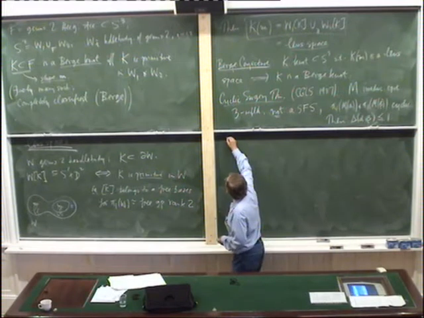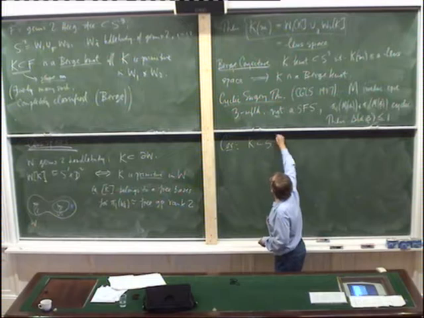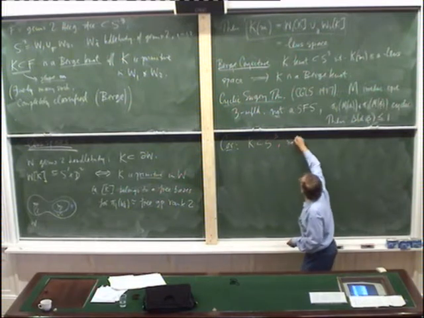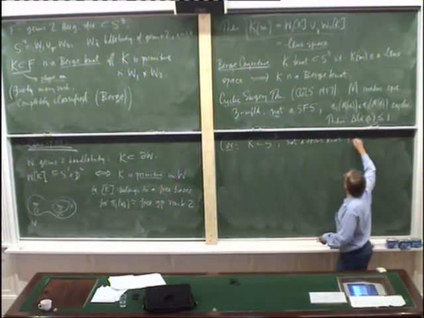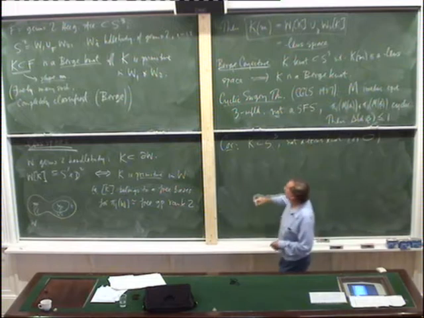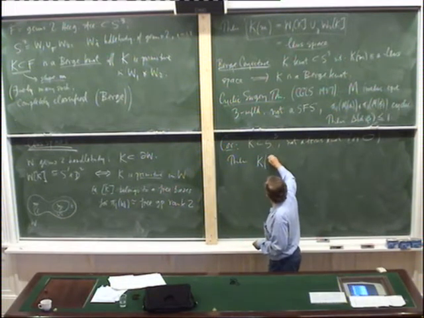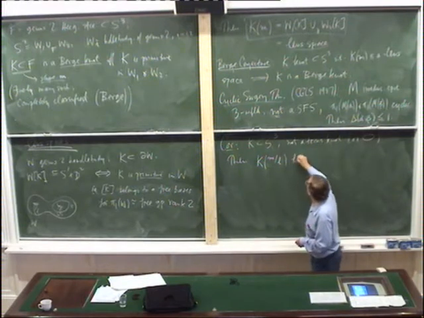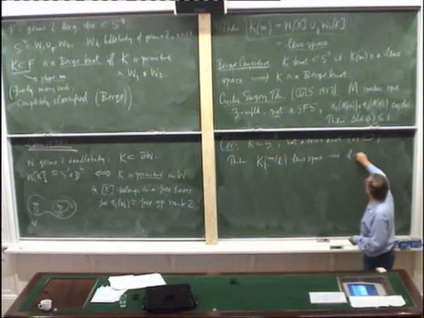So immediately we get this corollary that if K is a knot in S3, not a torus knot or the unknot, then if K(M over L) is a lens space, that implies that L has to be equal to 1.